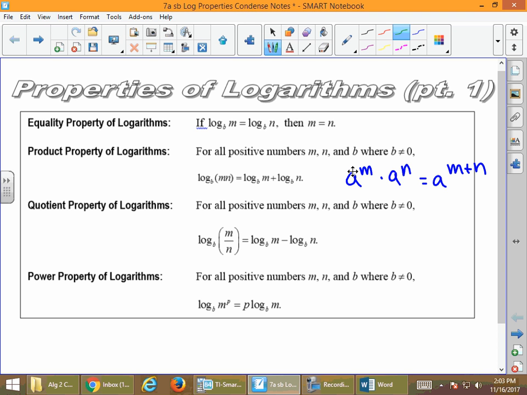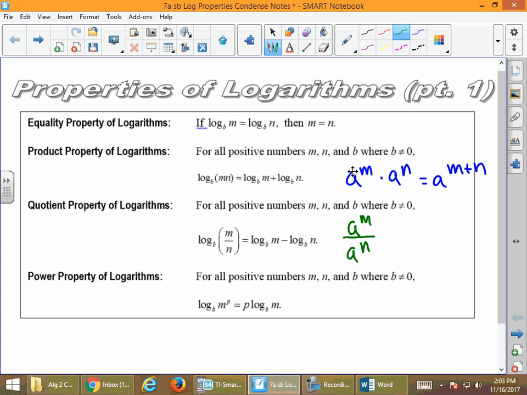Same kind of logic on the quotient property of logarithms. I'm specifically looking at the right side of the equation and turning it back into the left because we want to turn our problems that we're getting close to working back into one logarithm or less. This one goes back to the quotient.